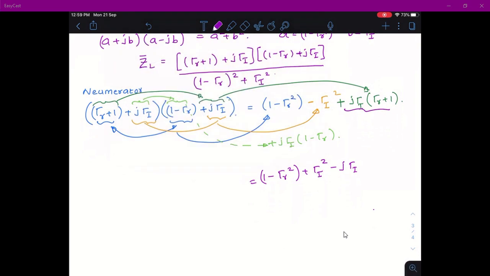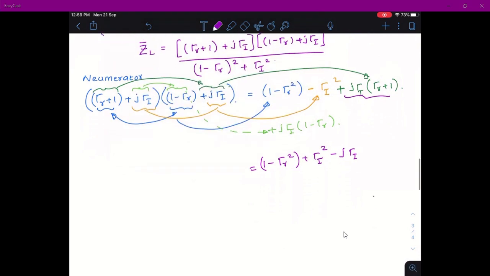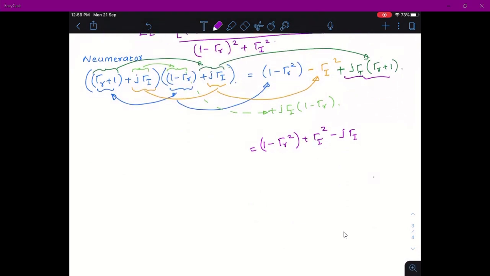Okay, so please correct these mistakes so that you will not write anything wrong in your notes. So 1 minus tau r square plus, so here also you will get a minus tau I square plus j tau I tau r plus j tau I plus j tau I minus j tau I tau r.